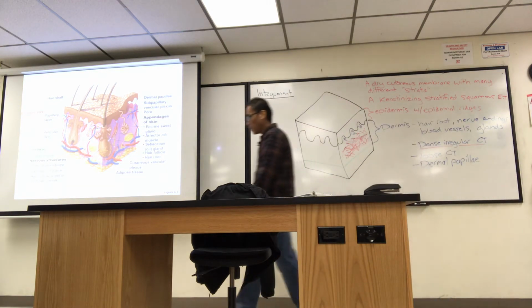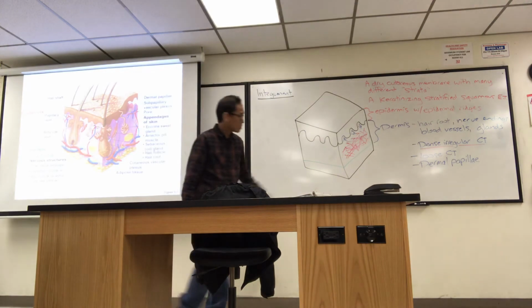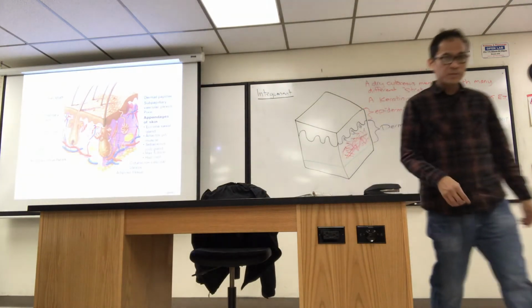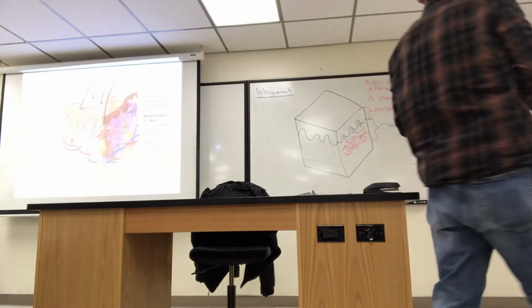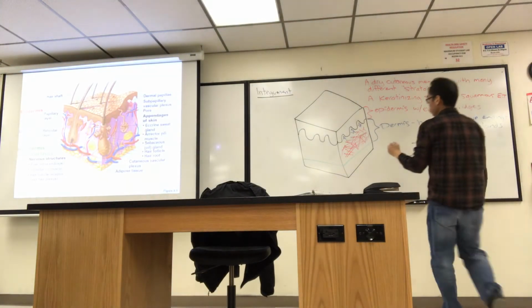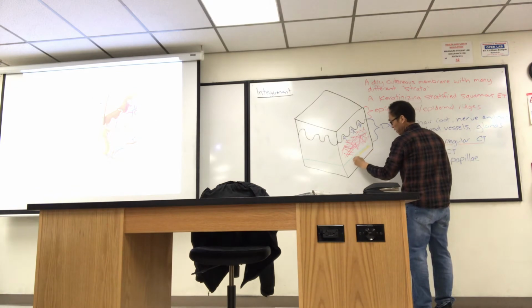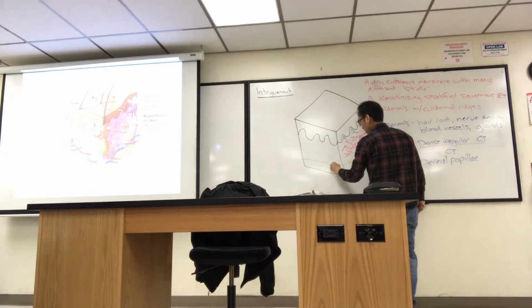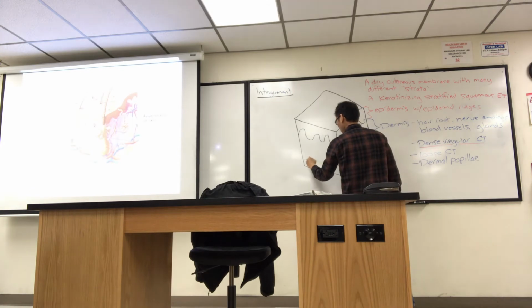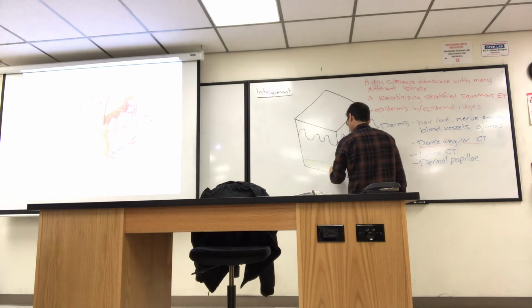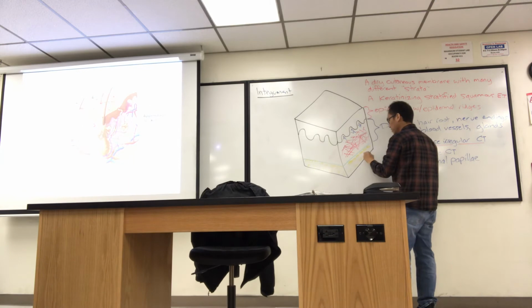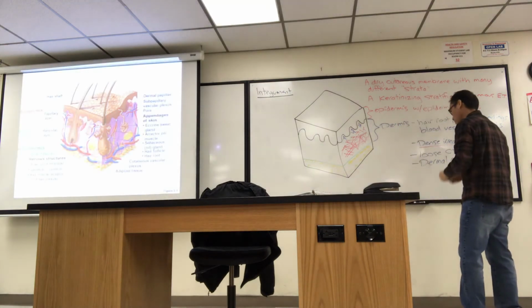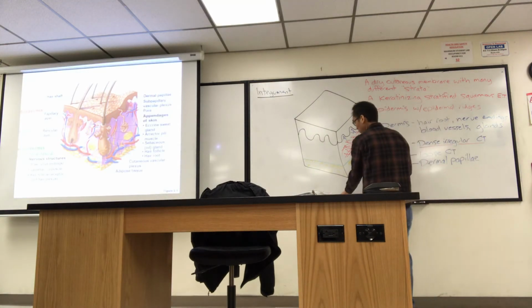So I'm going to look for a yellow pen, because the hypodermis is mostly adipose. Oh yeah, yellow. So I'll just draw a bunch of those there. I'll leave room to draw a couple of blood vessels too. Artery and vein over there.